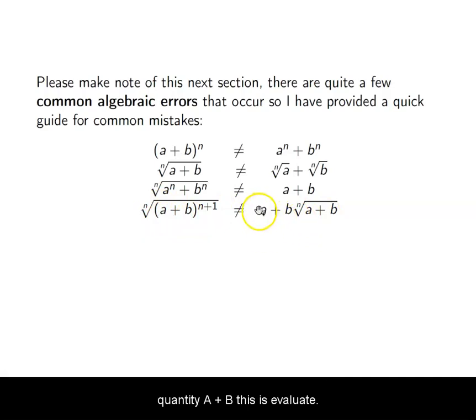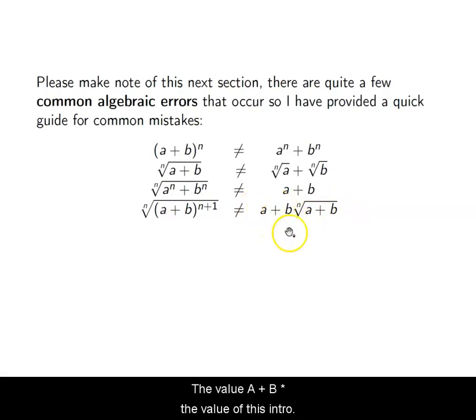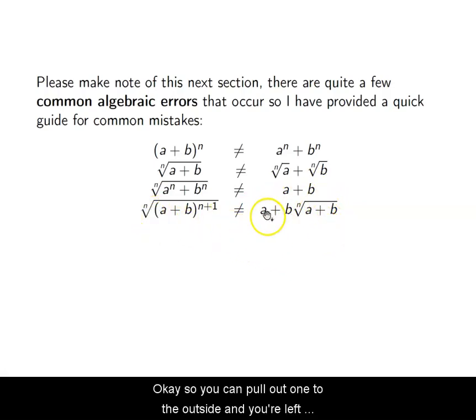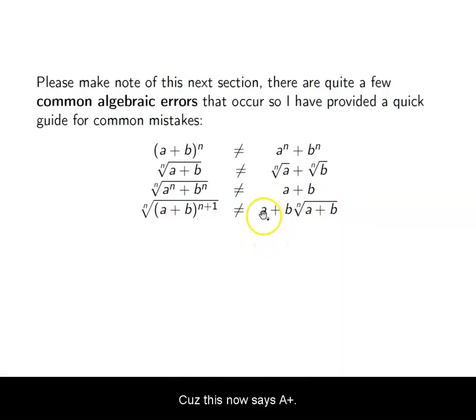This is a value of a plus b times this thing. This is not the value a plus b times the value of this nth root. Okay, so you can pull out 1 to the outside and you're left with a remainder of 1. That is true. However, you have to make sure you specify that a plus b is its own quantity, because this now says a plus b times this.